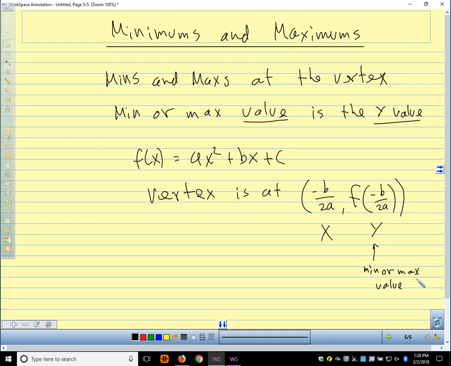So what this means is to find the x-coordinate of the vertex, I can do negative b over 2a. To find the y-coordinate, I take whatever number I get once I do this, negative b over 2a, and plug it in for x. Figure out what y is. A lot of students like to only find the vertex this way.